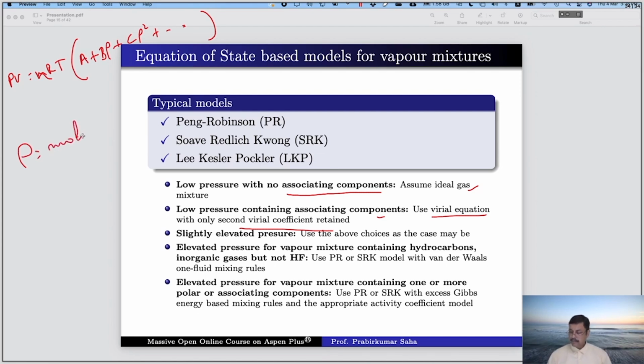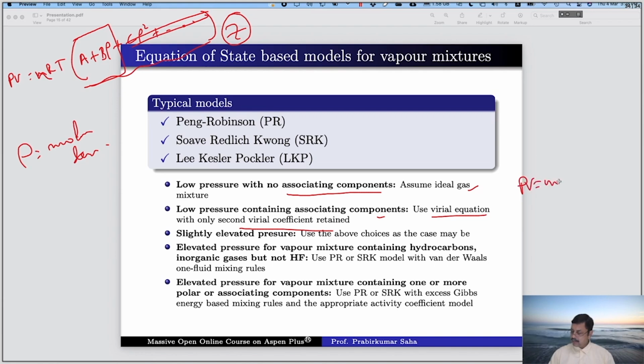Actually, this is nothing but the compressibility factor Z. And here it is said that only the second virial coefficient is retained, so all of the higher terms will be cut and only this much is written. So actually it should be PV equals nRT times (A plus B rho). So this kind of virial equation can be used for this system.